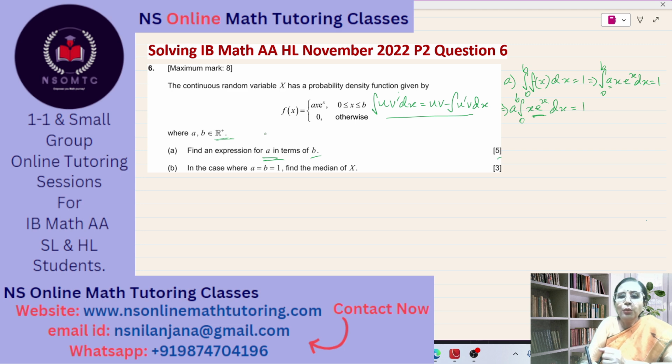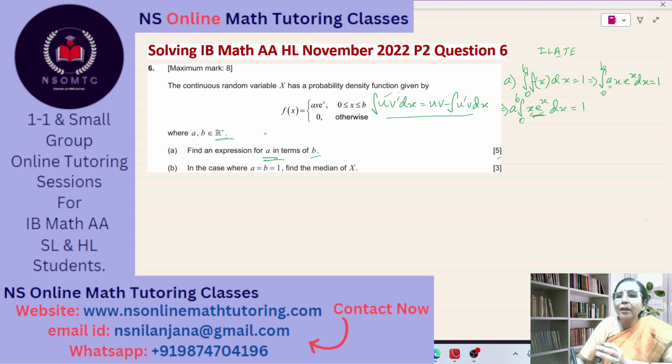And how do we decide which one is u and which one is v dash? For deciding which function should be taken as u, we use ILATE. We have x as one of the functions and the second function is e to the power of x. x is an algebraic function.